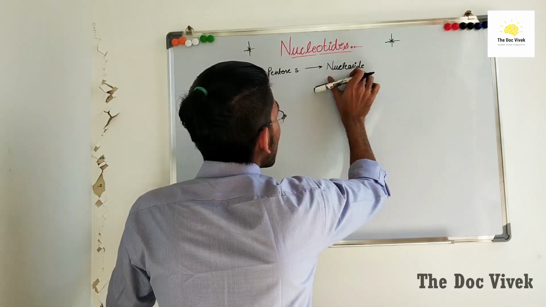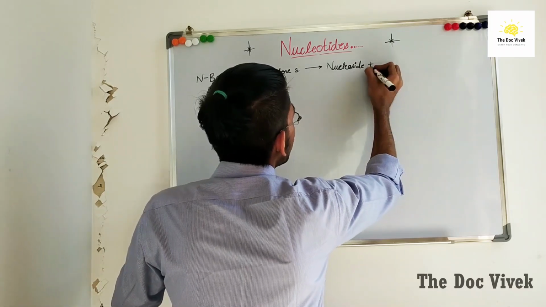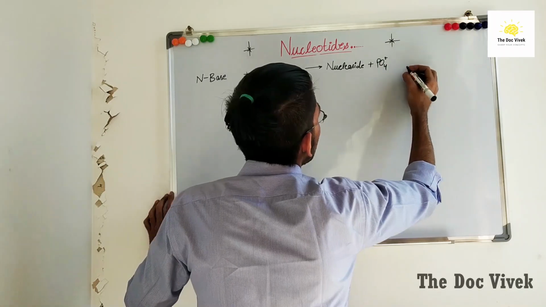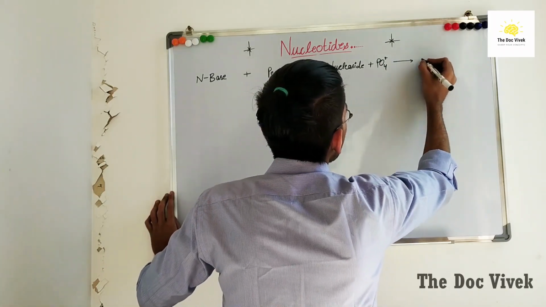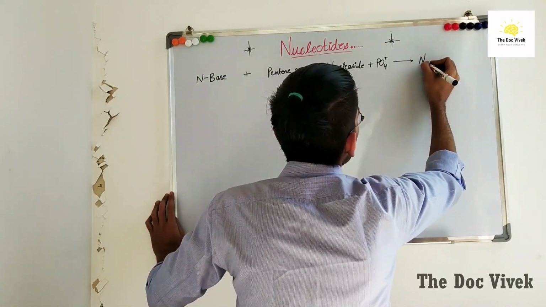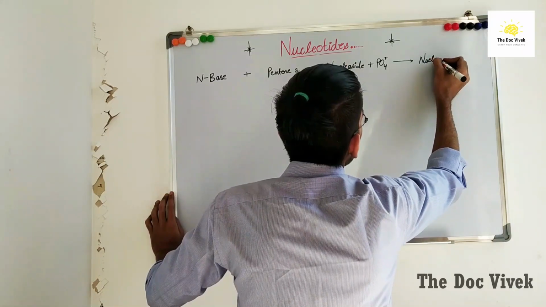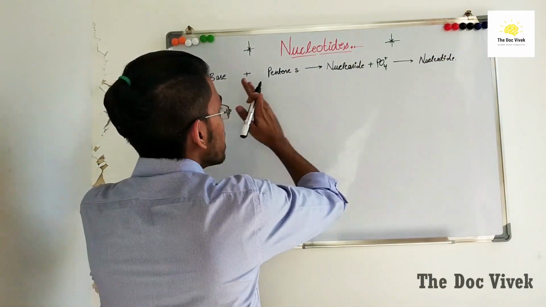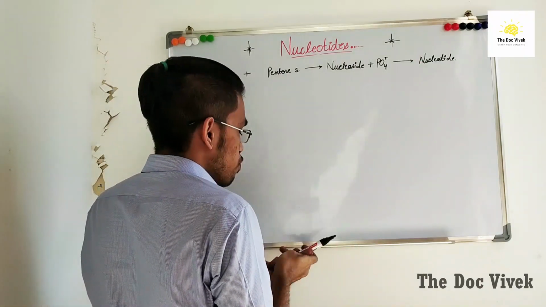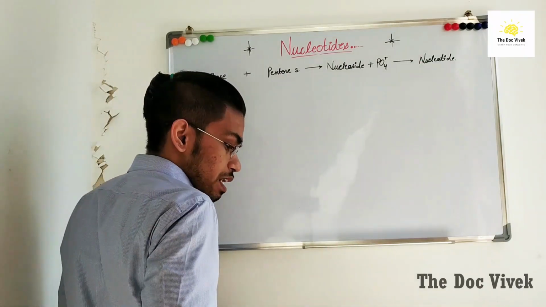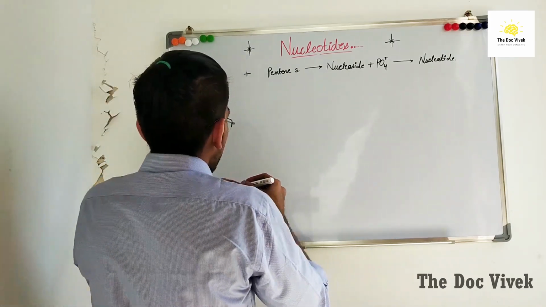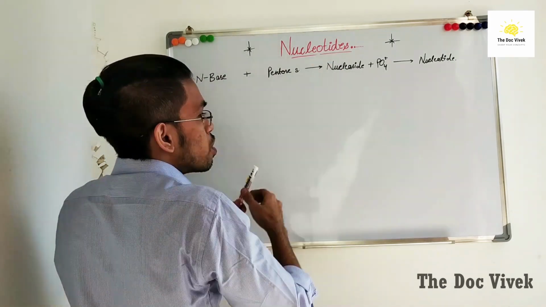If the nucleoside is added with a phosphate group, then it results in the formation of finally a nucleotide. So this whole process we know very well. Okay, so let's start to draw the table for ribonucleotides.